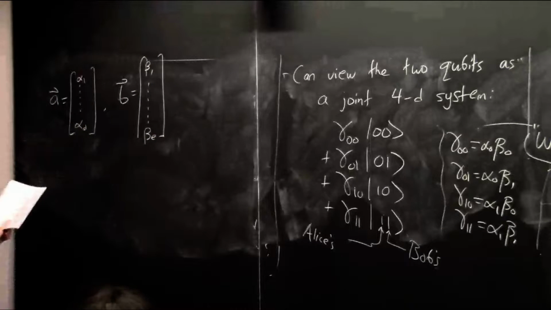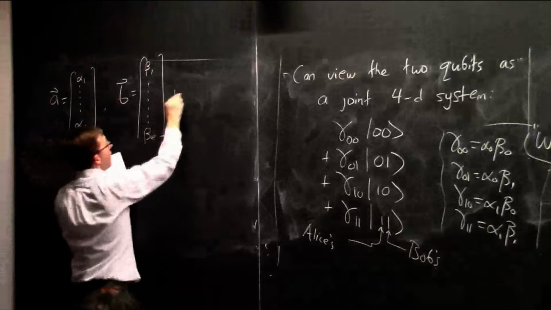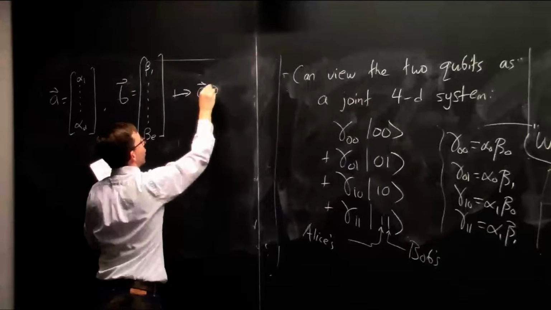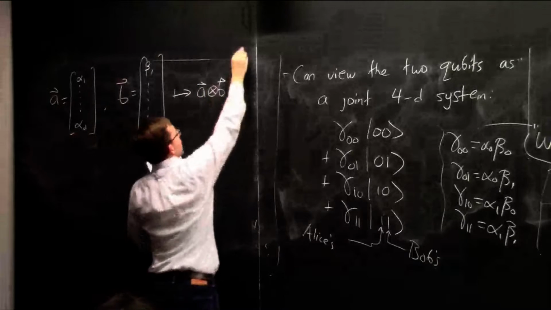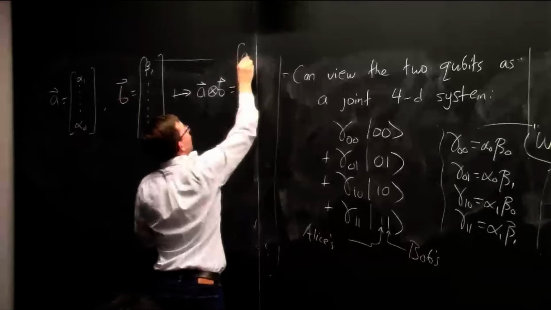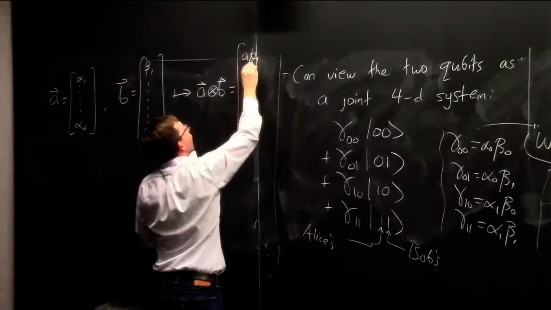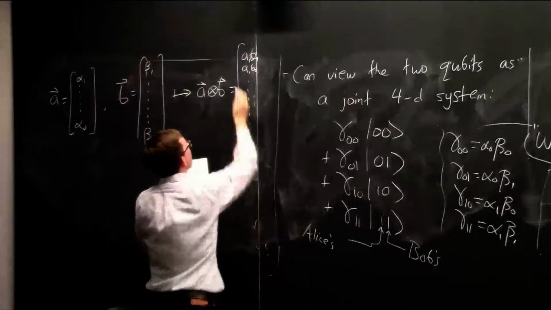Okay, so if you have two vectors, they don't have to be the same heights, then this operation, called the tensor product or the Kronecker product, and denoted thus, is the one that does this thing. It spits out a d e dimensional vector. Oh yeah, sorry, thanks.